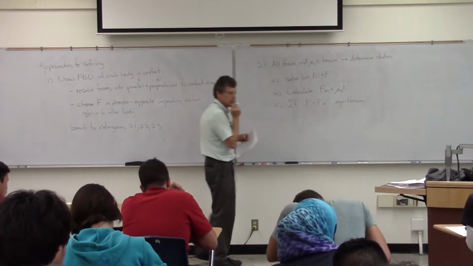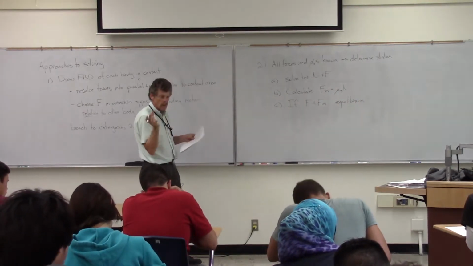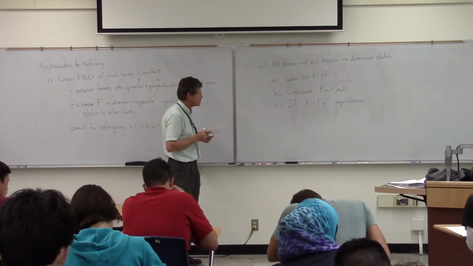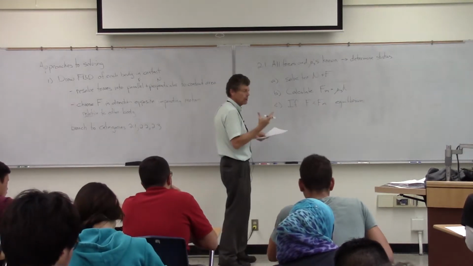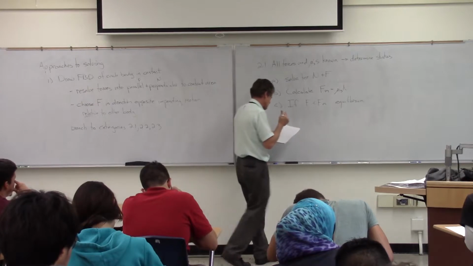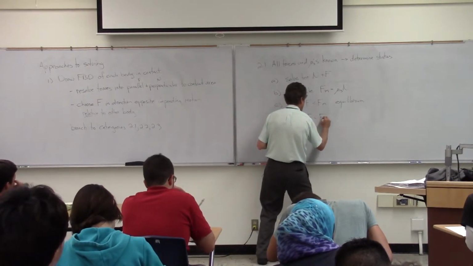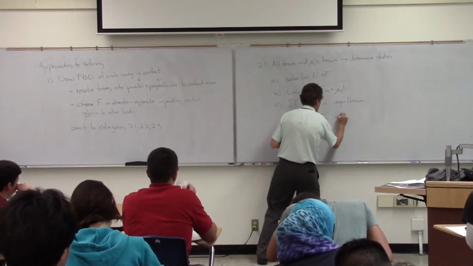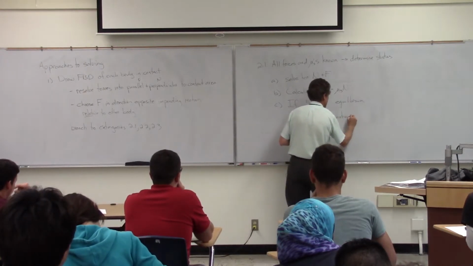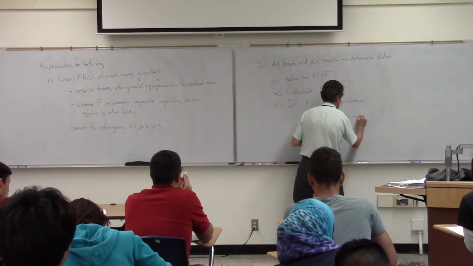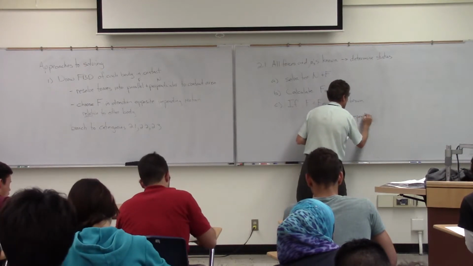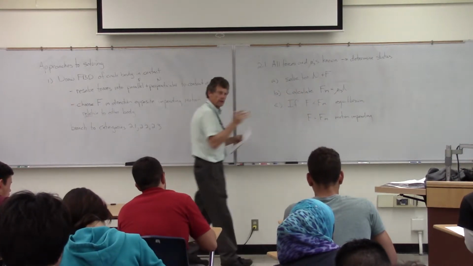If F is less than that maximum force before it starts moving, it's in equilibrium. It's not going anywhere, it's happy. If it's equal to that, then it's going to start moving.